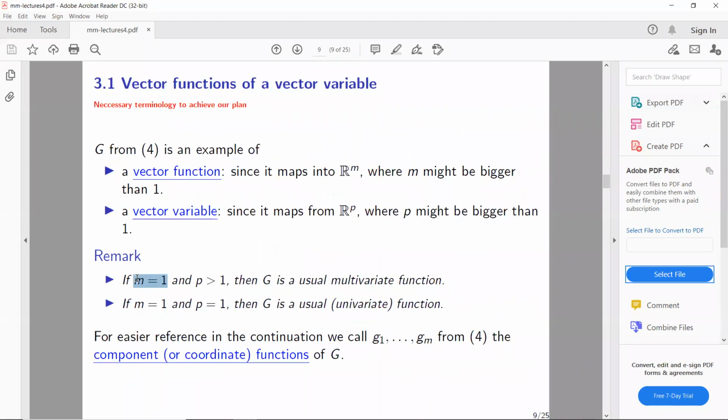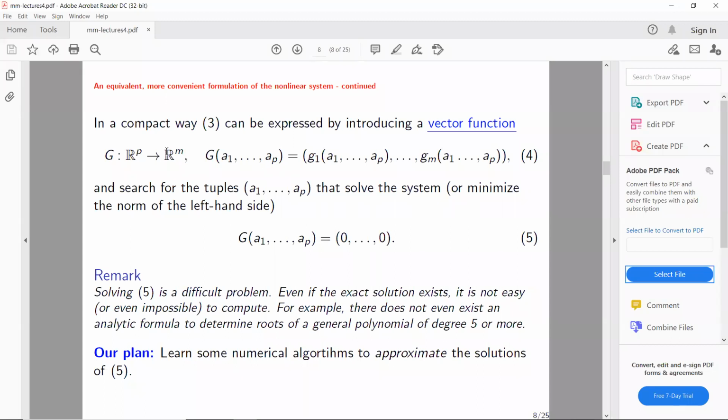If m is equal to 1, so if we are mapping into R to the power of m, then we have a usual multivariate function. And if also p is equal to 1, then we have a usual univariate function, so a function of one variable.